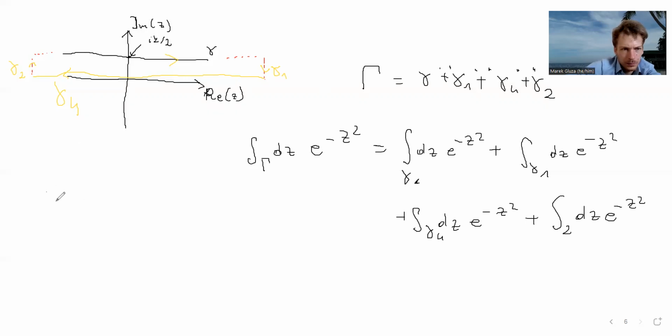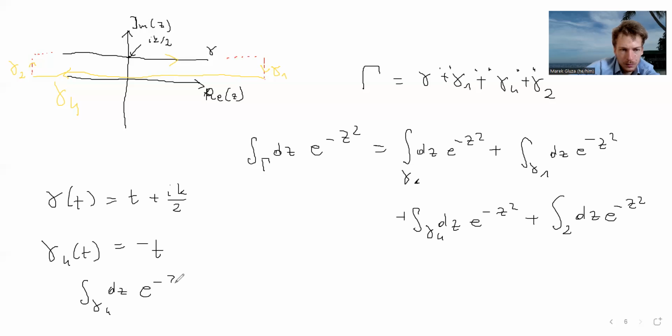Okay, and we said that gamma of t is equal to t plus ik/2, but gamma 4 of t, the parametrization of this curve in the complex plane, is actually minus t, because this one goes backwards. And because this one is going backwards, we can write the integral over gamma 4 dz e^(-z^2). We see that this is a purely real integral.